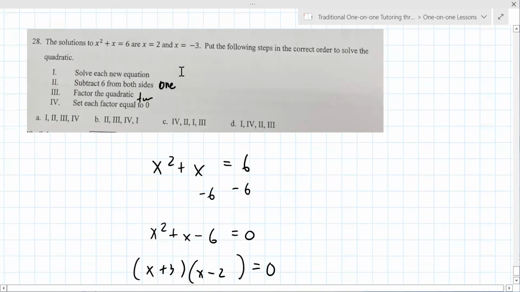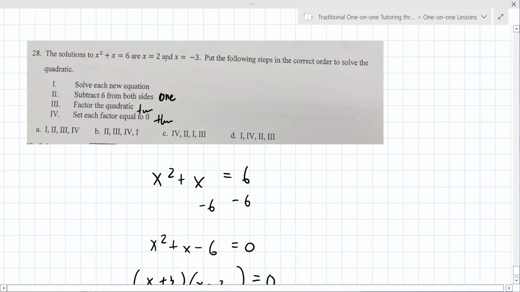That's 3. And then you solve each new equation, which is 4. So now, to get the mapping right, you want the Roman numeral 2, then the 3, then the 4, and the 1. Yeah, that's almost harder. I could almost just ask you that, and it'd be really hard to map these things.